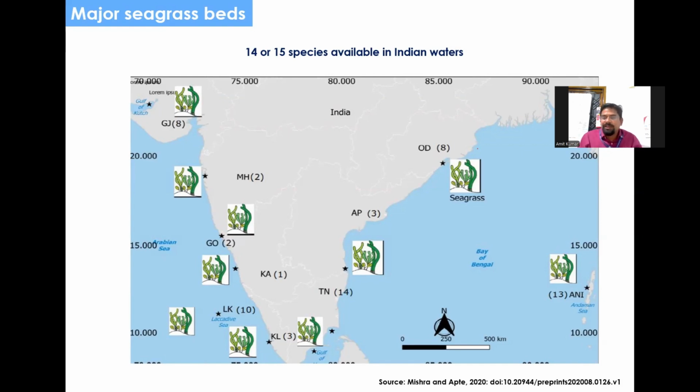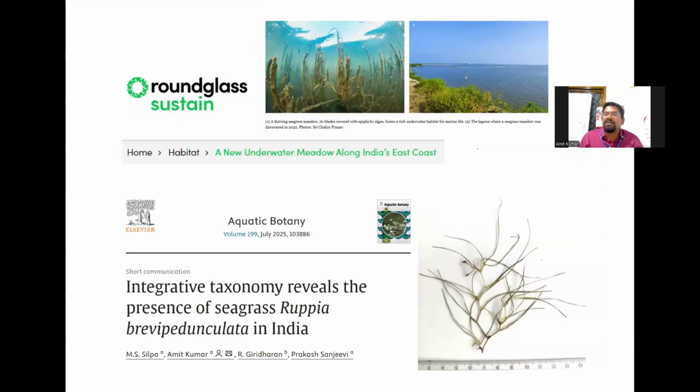and studying again and again. However, we can say that very recently we have seen Pranav with his team has found a seagrass meadow in coastal Andhra Pradesh. So now people are becoming more and more aware. And Pranav, I think he's also going to talk to you about this after 1 or 2 talks.